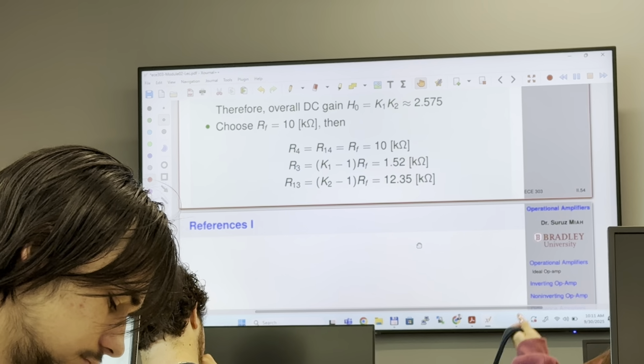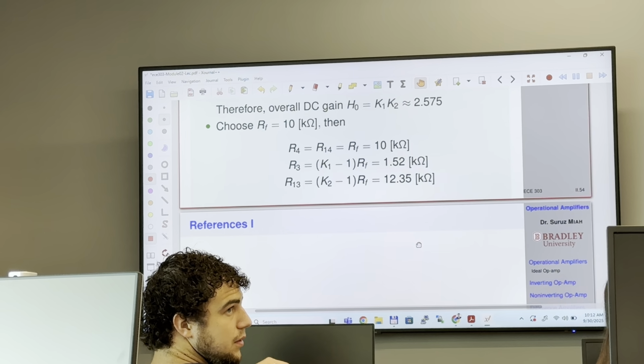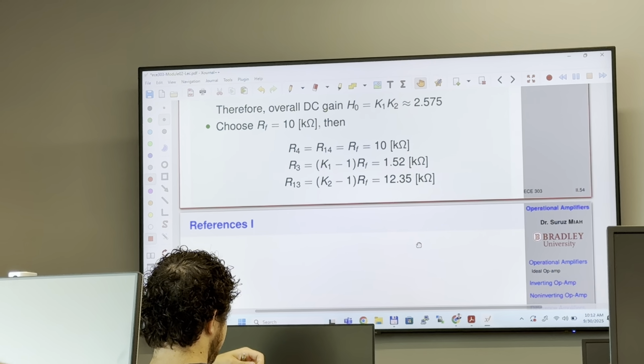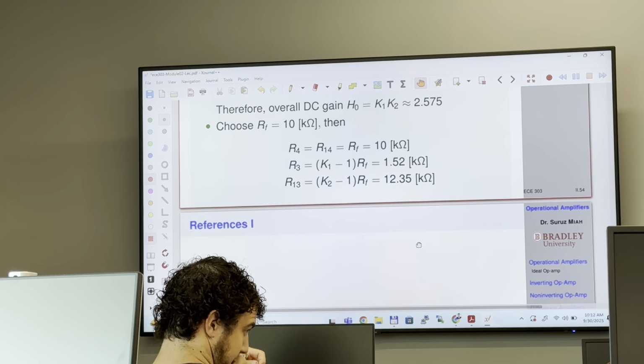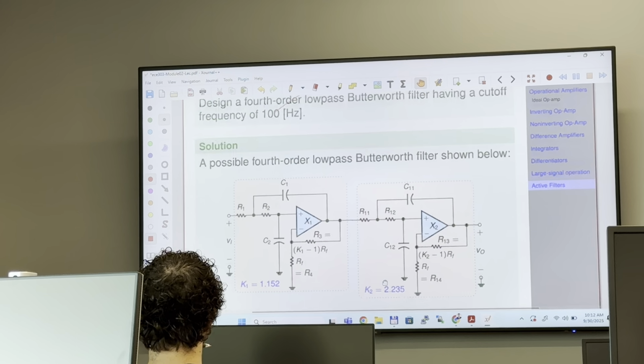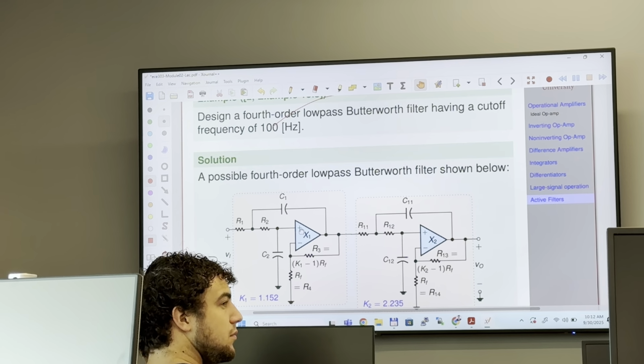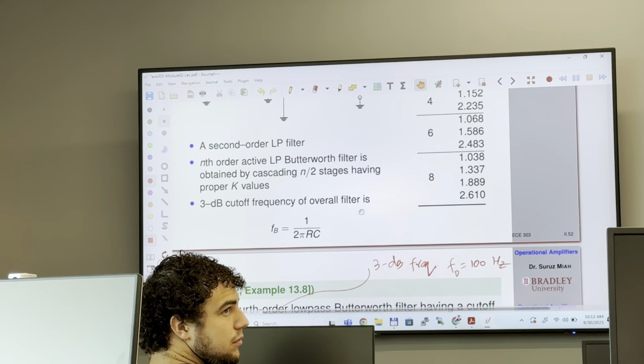Yes. In the last three sections that we just went over, you didn't ask about differentiators, whatever was before this, and then active filters, which you just covered. Yes, because for active filters there is nothing new, because we went through this. But active filters are your own slides, and there are no exercises in the book.